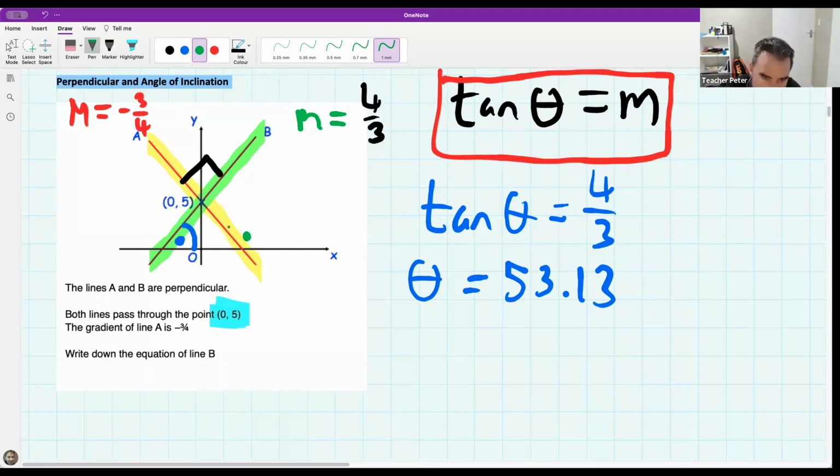Now, the next one, I want you to find me the size of the green angle, which is the angle of inclination of the red line. This has got a little bit of a twist, but let's let you fly solo first and then see what you get, and then we'll talk about it. So what is the size of the green angle over here?